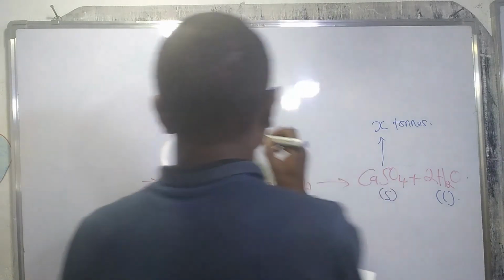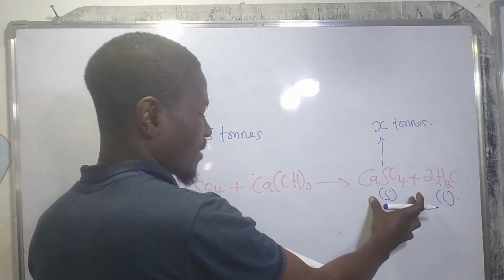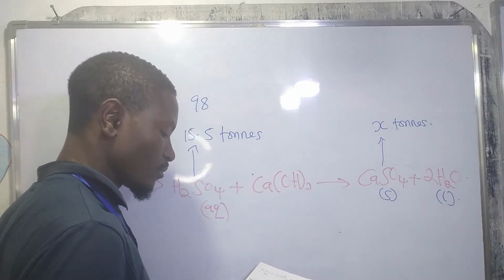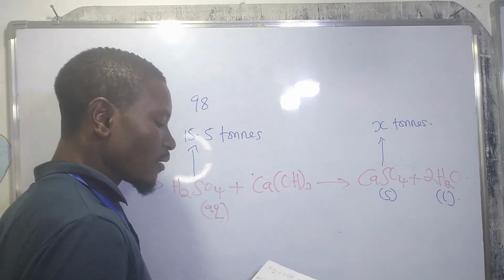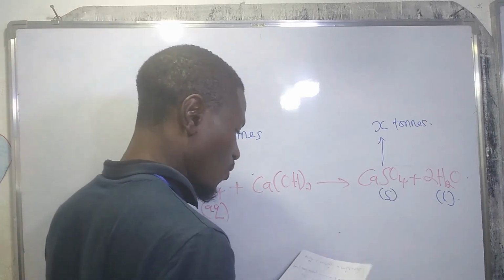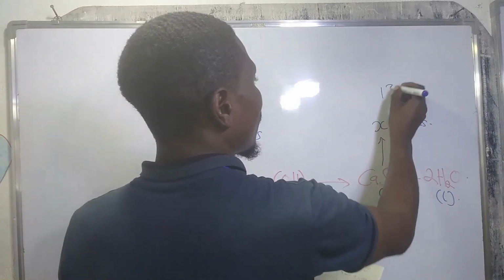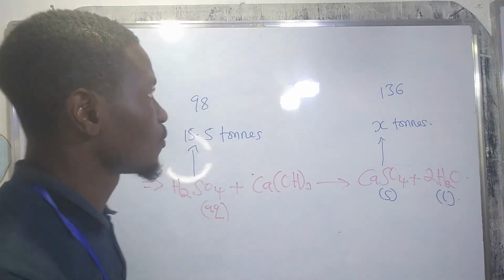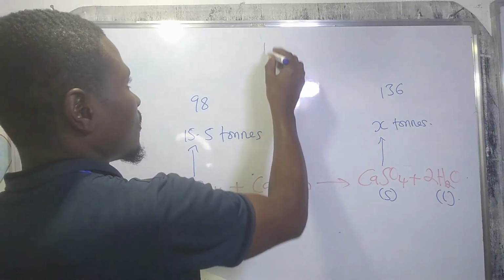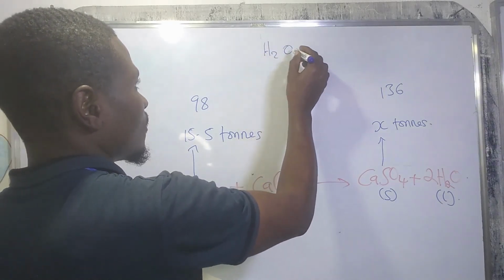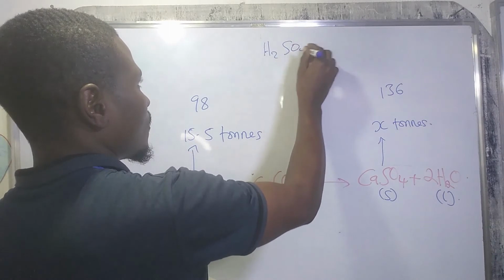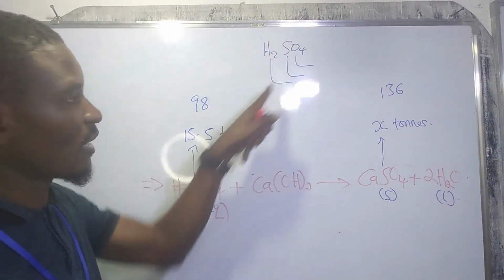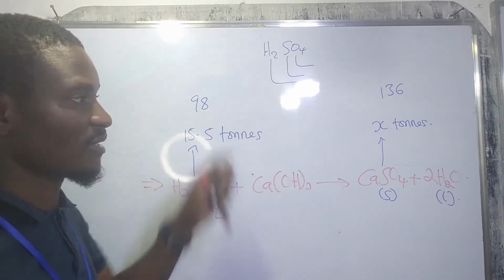And then calcium sulfate, this one is going to give me 136. When you do the calculation, that's where you get the 98.